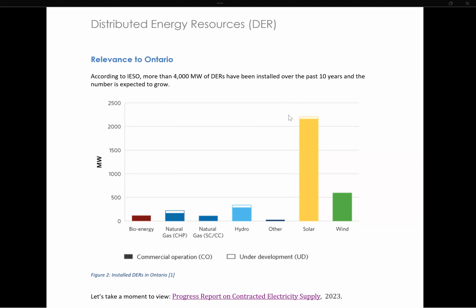You can see more than 4,000 megawatts of these distributed energies were installed, and this helps alleviate the dependence on those large generation facilities. And of course, it's necessary to be able to balance out the grid and use storage as well to meet all of the needs of the consumers. But you can see a vast majority of this has been solar, and quite a lot in wind as well.